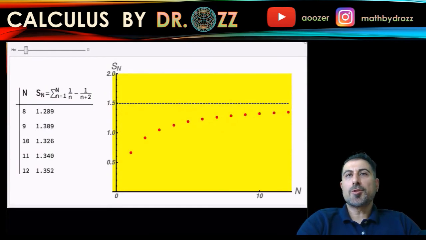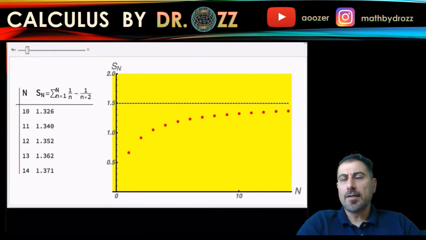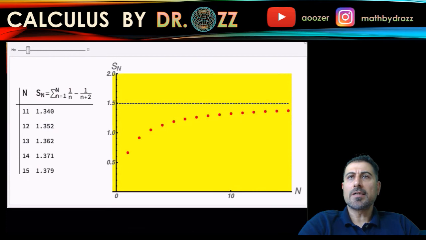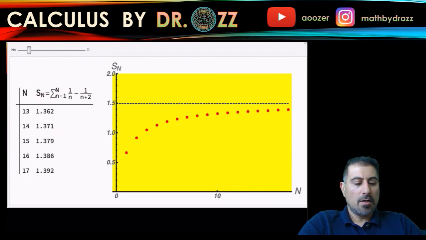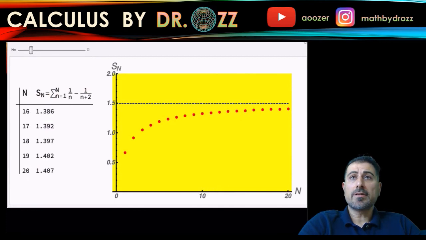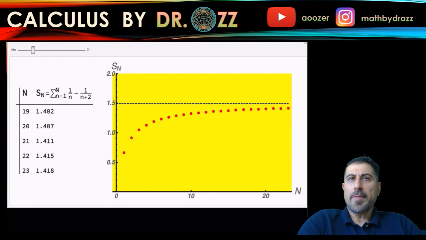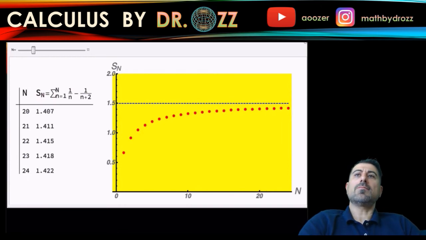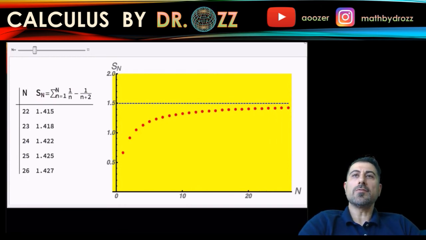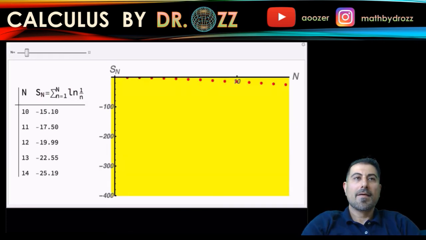And here I'm showing that in part A, the telescoping series converges. This is an animated version of that, and the convergence rate is not bad. It's slowly converging to the limit value, the value of the sum, but still it's not bad.